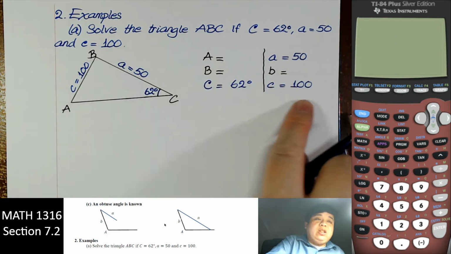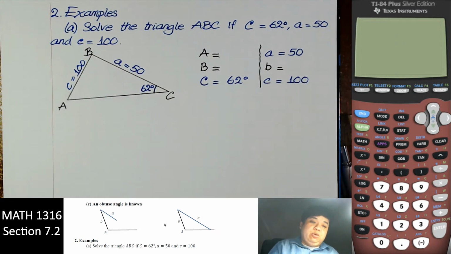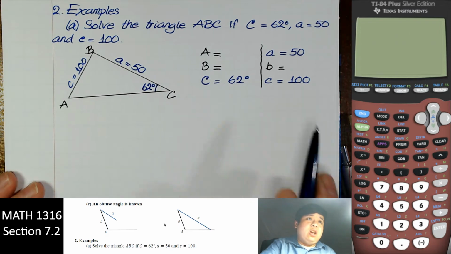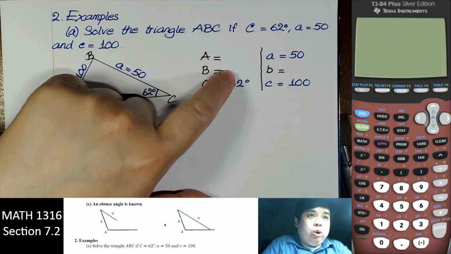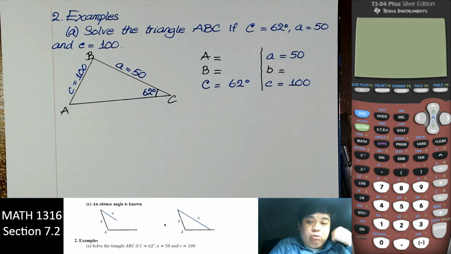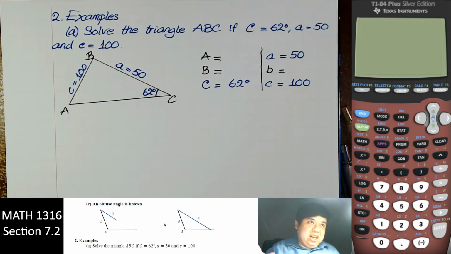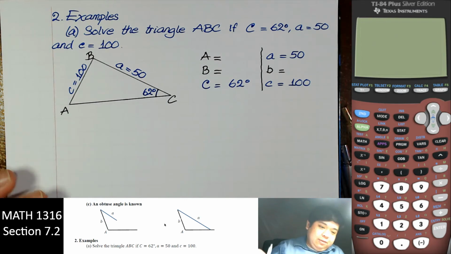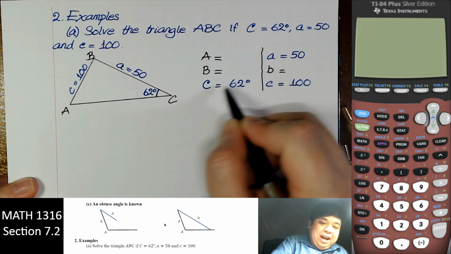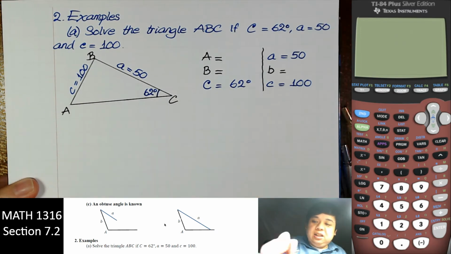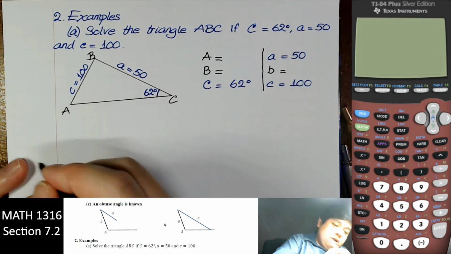Obviously, when we have this, we need to use the law of sines. When we are only given one angle, we cannot find the other two by subtracting from 180, it doesn't help at all. So law of sines, because we have a pair of opposites, angle and side, big C, little c.